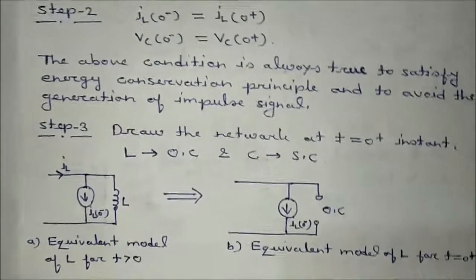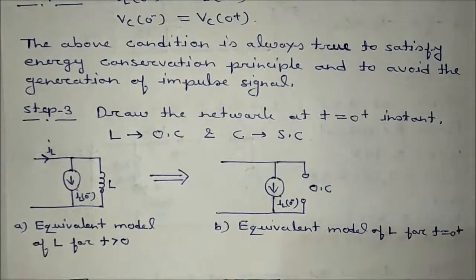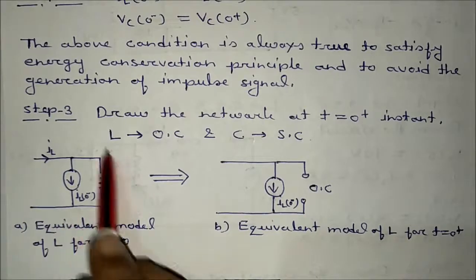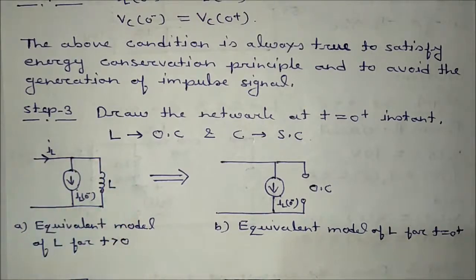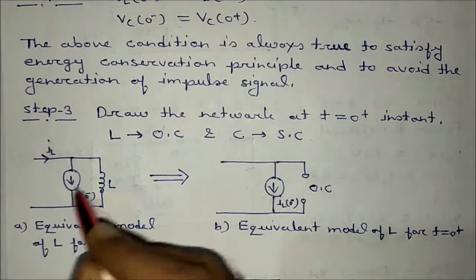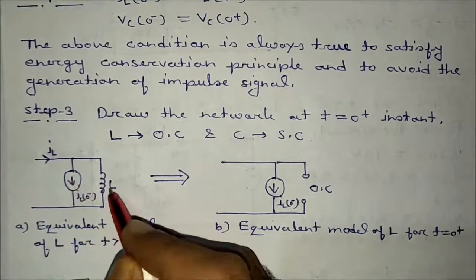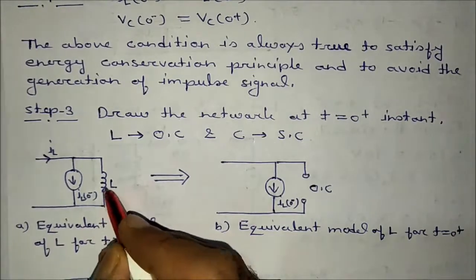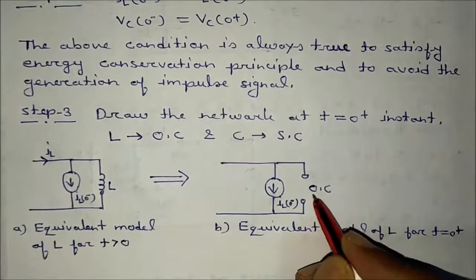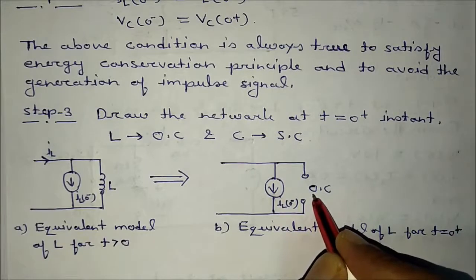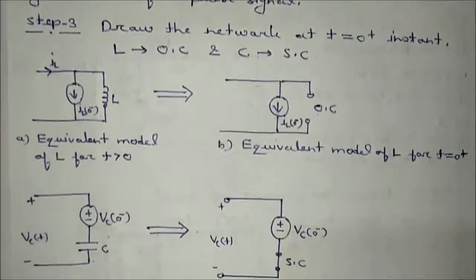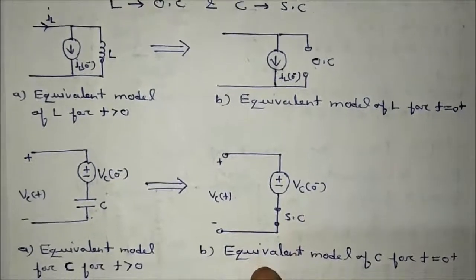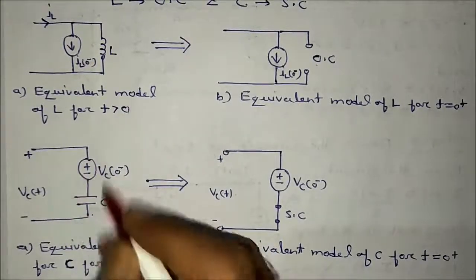Okay, now including the initial conditions, the time domain model of the inductor for T greater than 0, we have already done this one. There is a current source, there is L. Okay, now if you want to draw the equivalent model at T is equal to 0 plus, what will happen? This will be what? Open circuited. So I have just made it open circuit. Okay, similarly for a capacitor, the time domain model for T greater than 0, we have already done this thing.